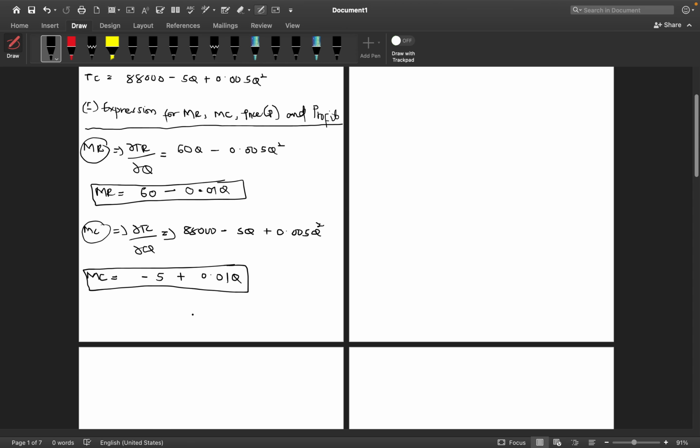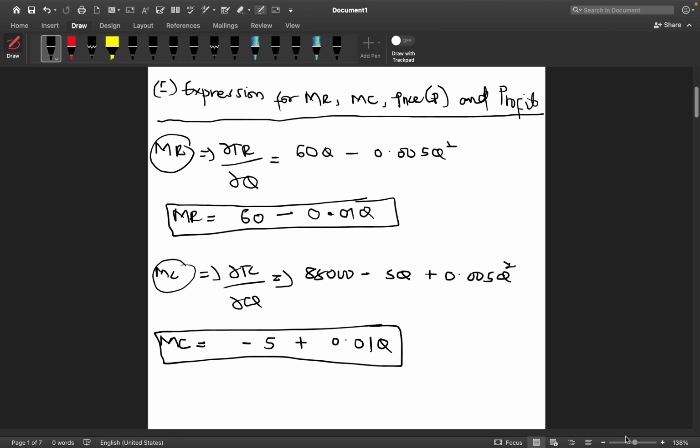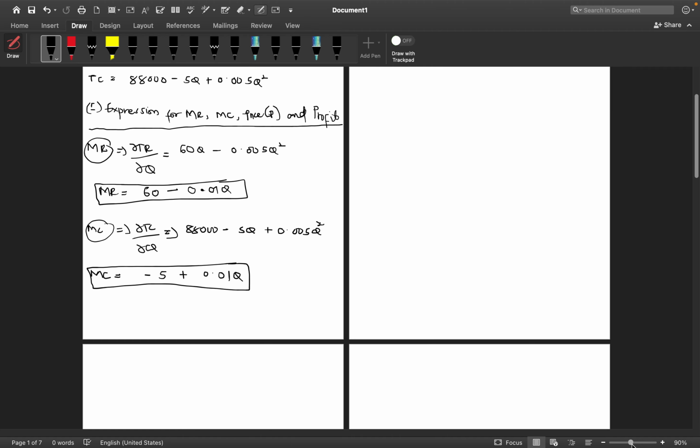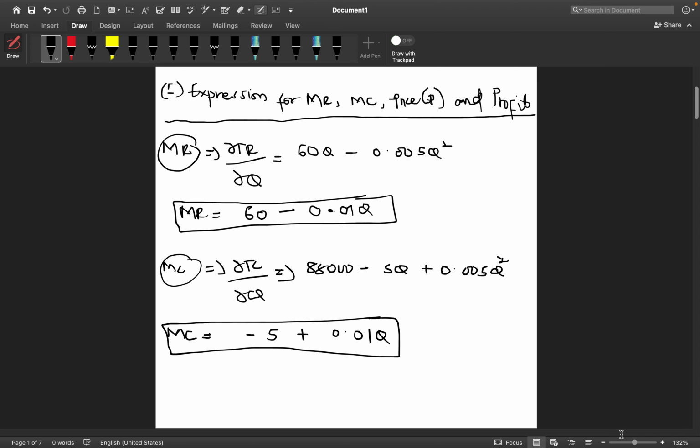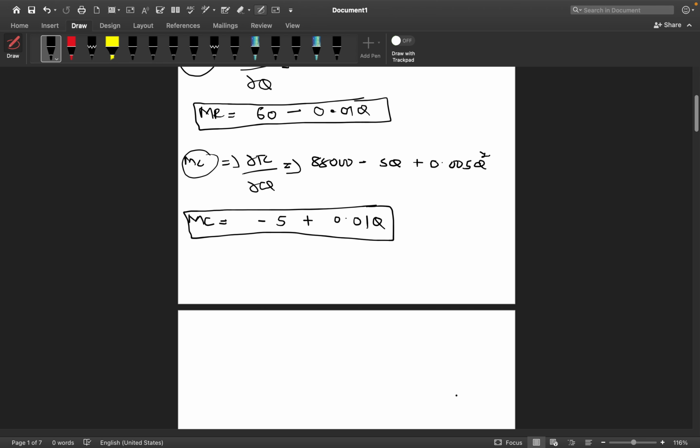You also have to find the price. I think I would have to use one page directly so that you get it. Okay, so this is our marginal cost.